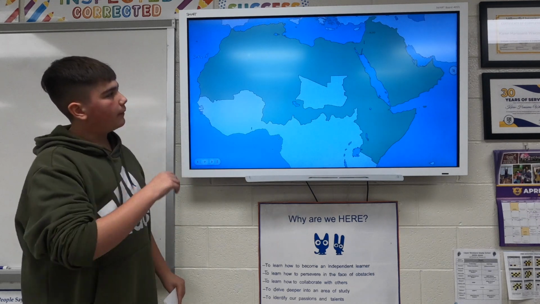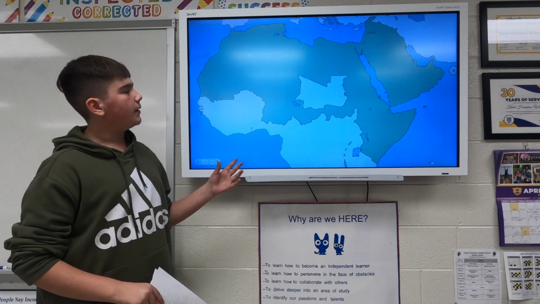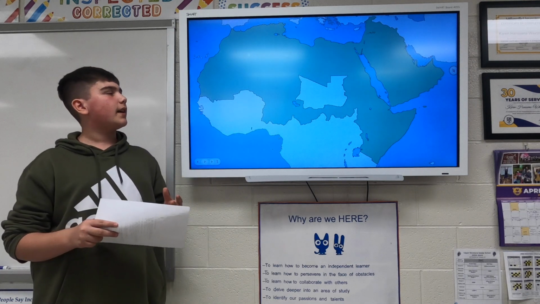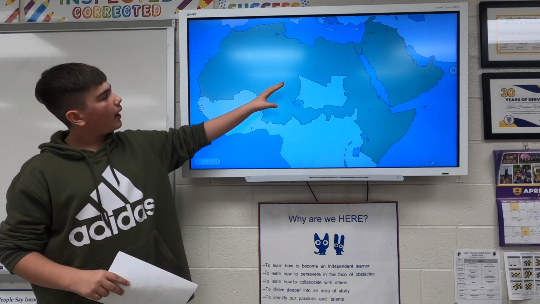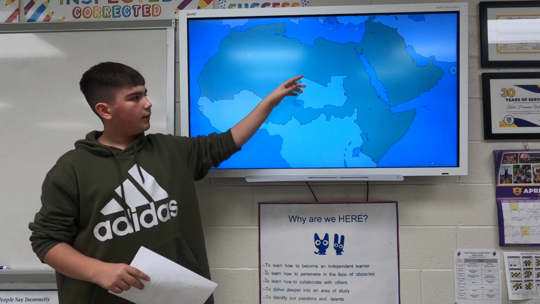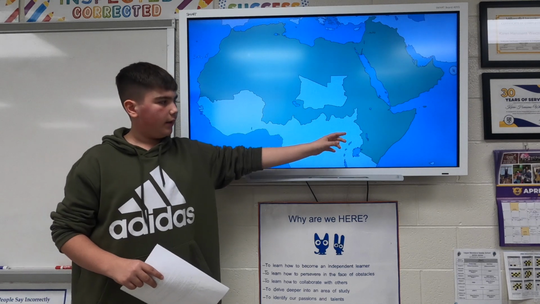This is a map of Afro-Asiatic languages, starting in Africa. My research didn't cover exactly where in Africa, but it started kind of, I guess, in Central Africa and worked its way to Arabia, Northwest Africa, and Ethiopia.